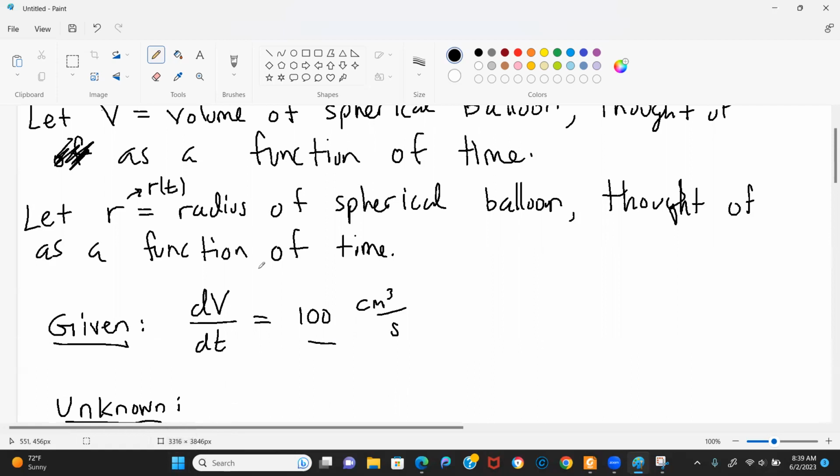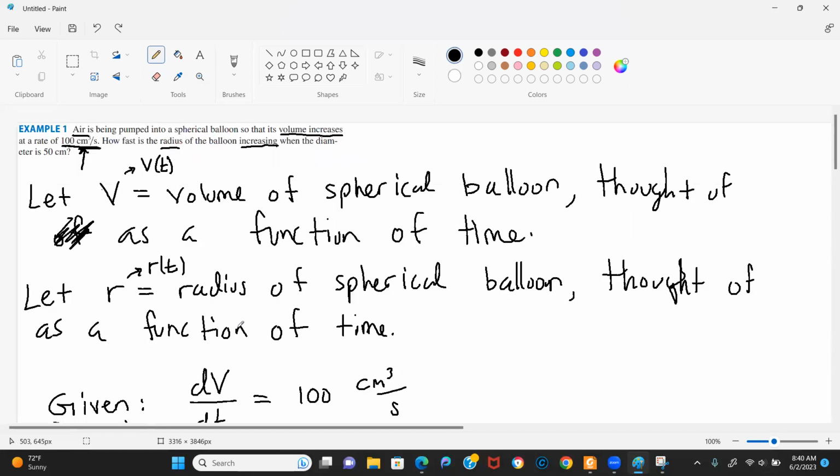That's one way to think about the derivative. So you want this number to be positive. Negative would mean that it's decreasing, as every second you are losing 100 cubic centimeters of volume from the balloon. So it's important that the derivative is positive. We'll see that sometimes this derivative is going to be negative, depending on the problem.